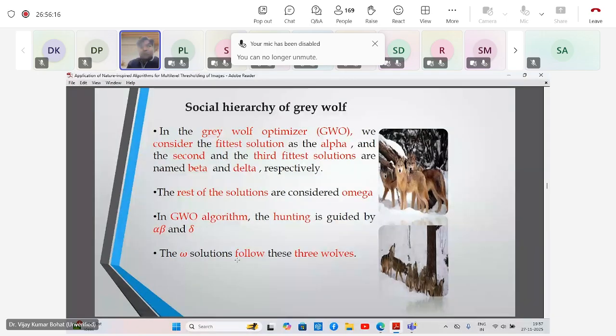The first three wolves with the best fitness will be alpha, beta, and delta. The rest of the solutions will be considered omega. It means 27 wolves are going to be considered omega. The best fitness will be alpha, the second best beta, and the third best delta wolf. That's how the hierarchy of grey wolves is used in the grey wolf optimizer. It's very easy.